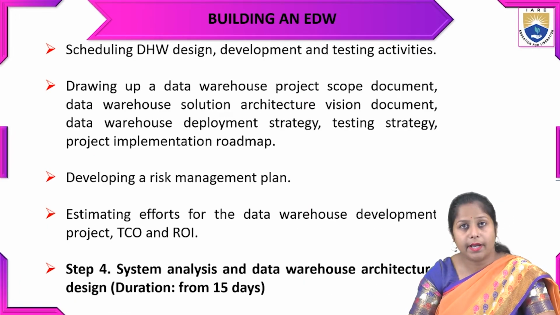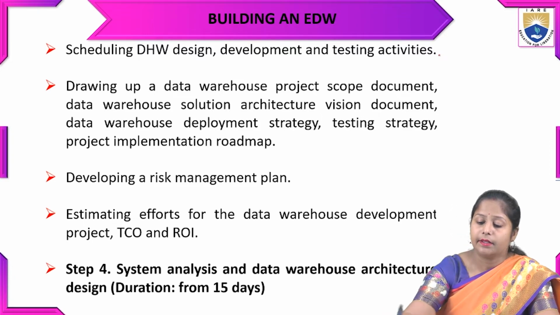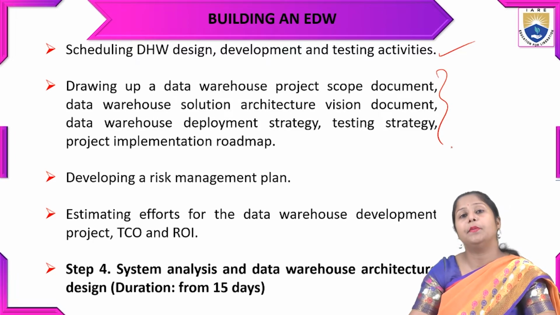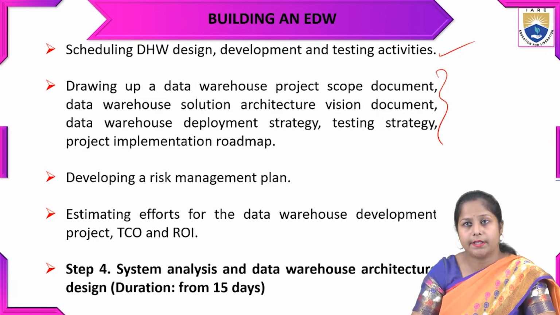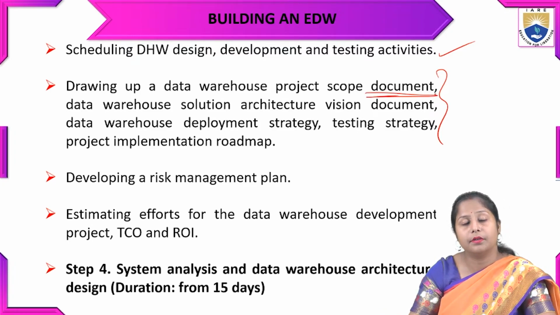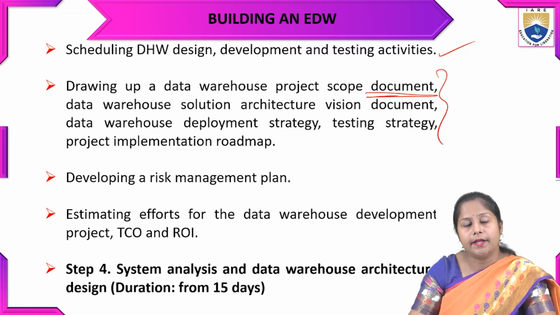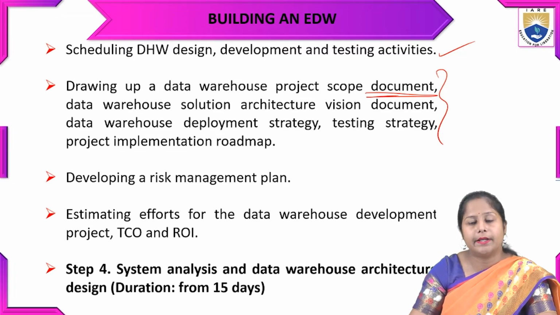Next, we have to schedule data warehouse designing, development and testing activities. Next, we have to draw up a data warehouse project scope document, and we have to complete this document. Next, we have to complete the data warehouse solution architecture vision document, data warehouse deployment strategy, testing strategy, as well as the project implementation roadmap.